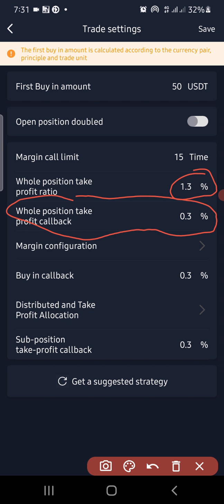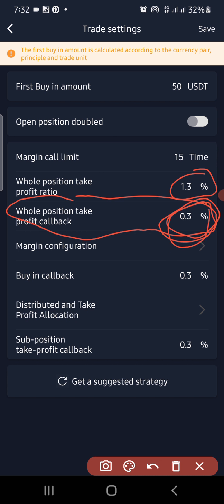So from this 1.3% or any particular price above the 1.3%, if the market starts retracing, by how much in percentage should the market price retrace or reduce before the bot jumps out of the market for you? So that is this one, 0.3%.